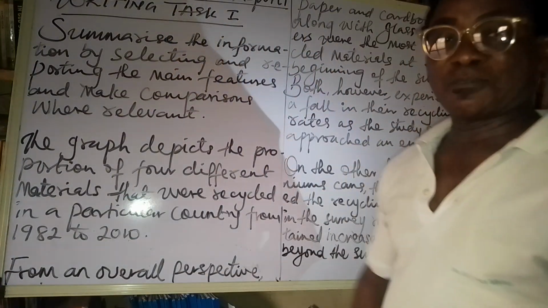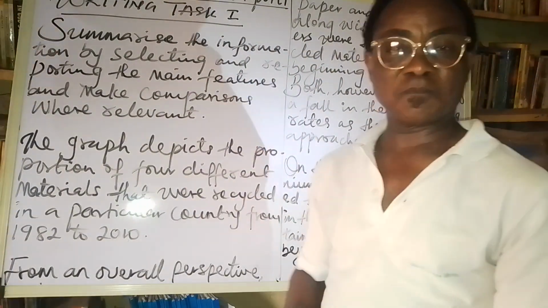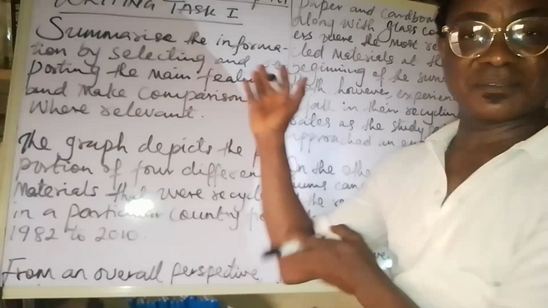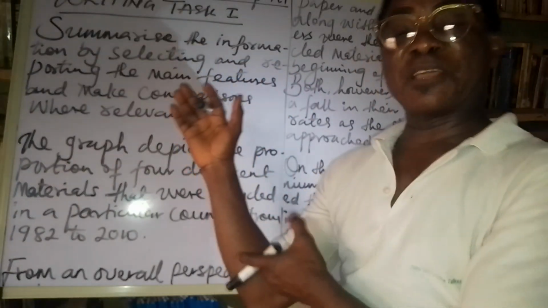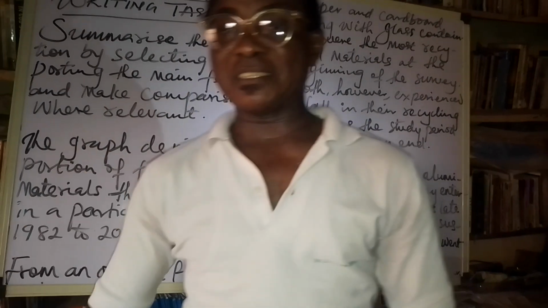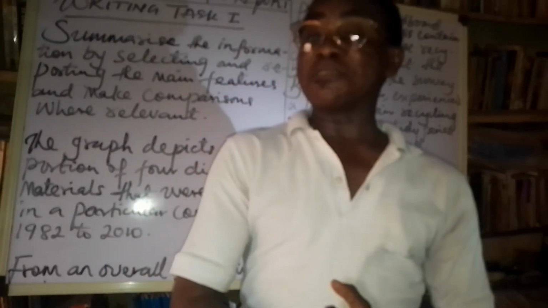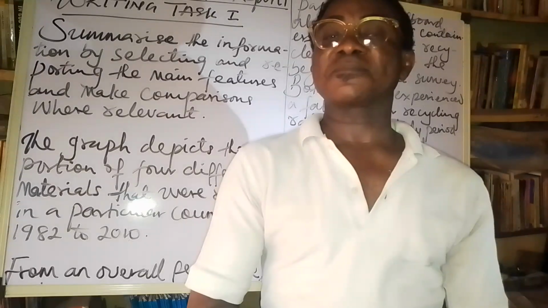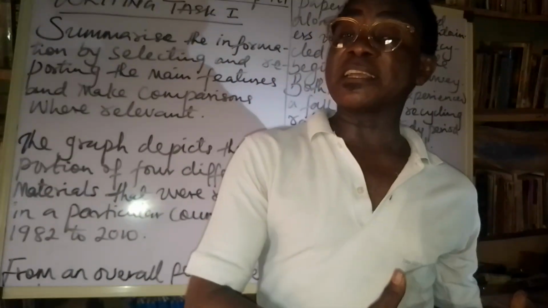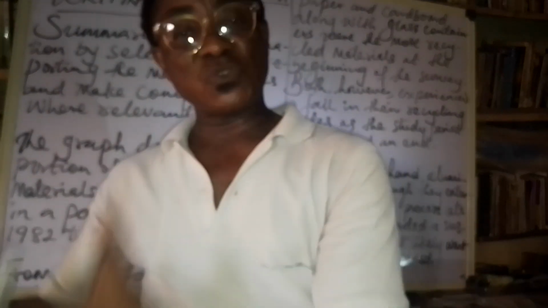Our first paragraph is a paraphrase of the information given as the caption of that graph. The information about the proportion of materials of 4 different natures recycled in a given country from the period 1982 to the period 2010.